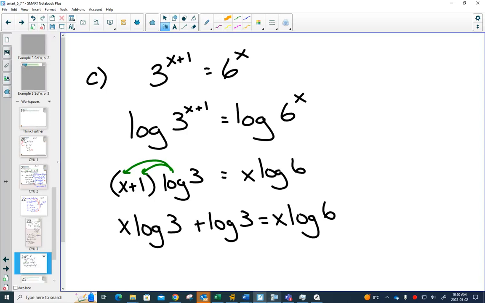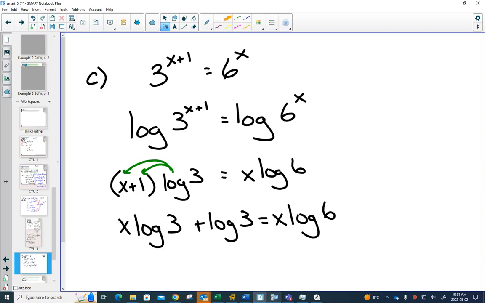And while you were doing these questions yesterday in your groups, reading over the examples, when you have an x in more than one place, this question here is basically like solving something in grade 9. But instead of nice numbers, we have logs. If I translate this back to nice numbers, you will know exactly what to do.